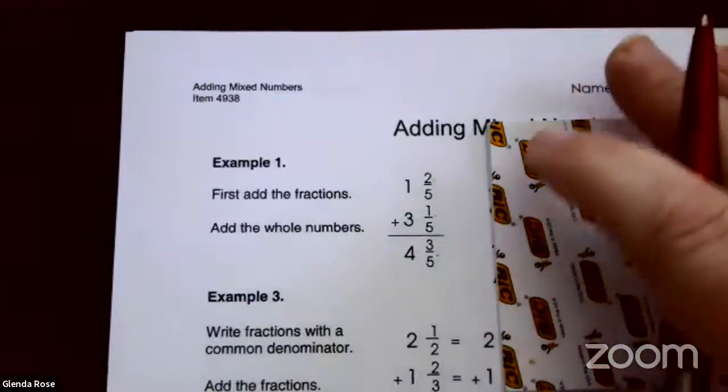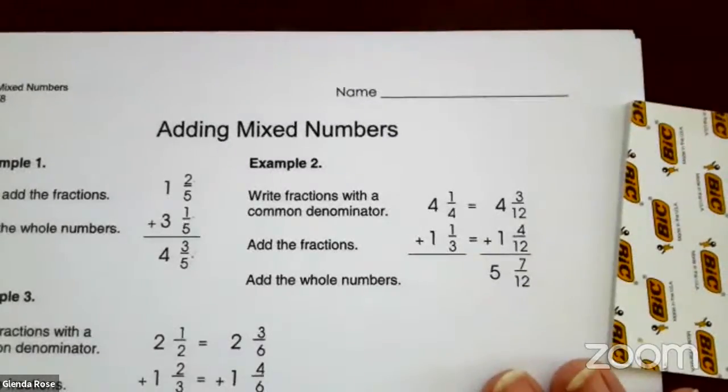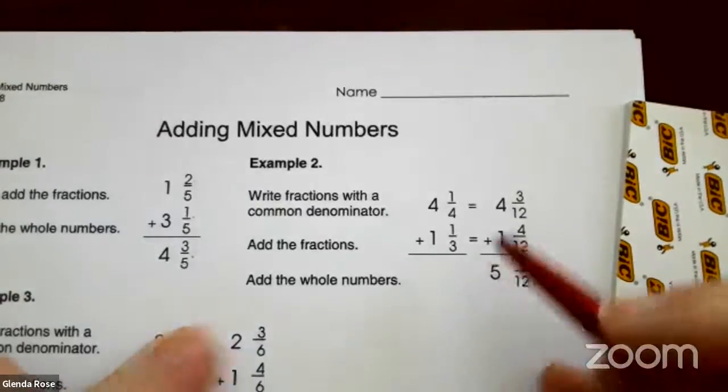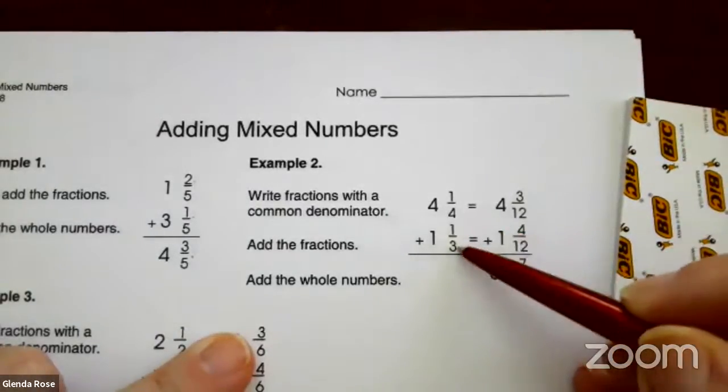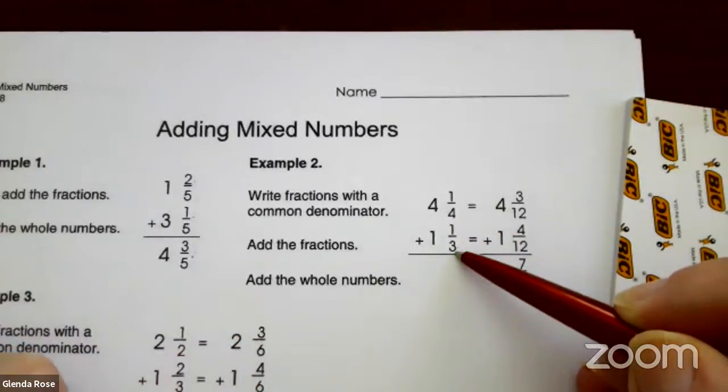Let's look at example number 2. If the fractions don't have a common denominator, they're different denominators here, then we have to get them to a common denominator first before we can add them, right?